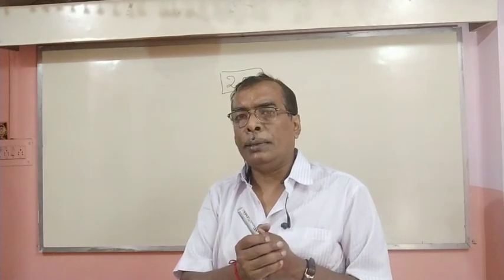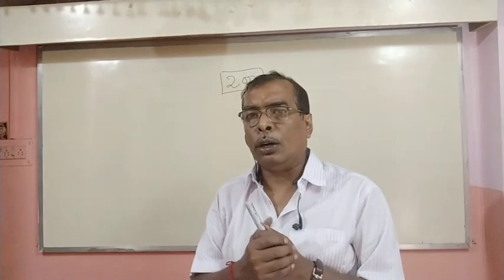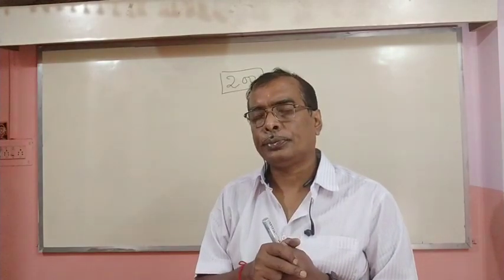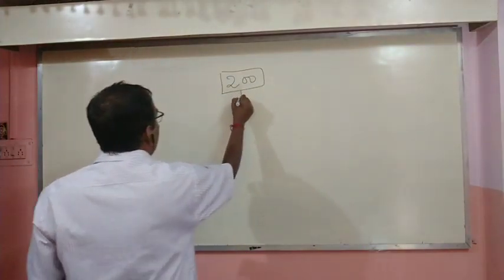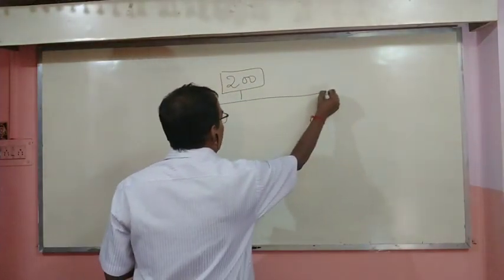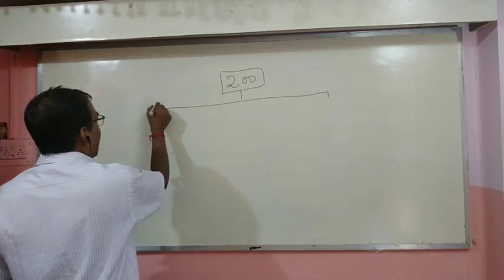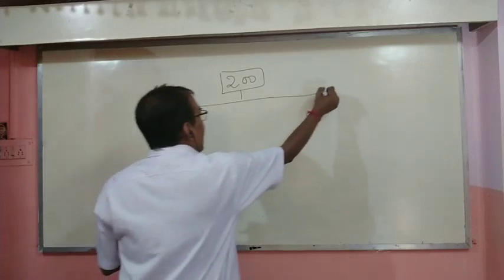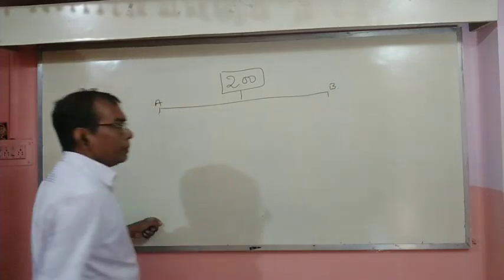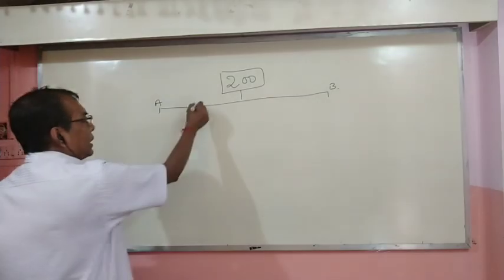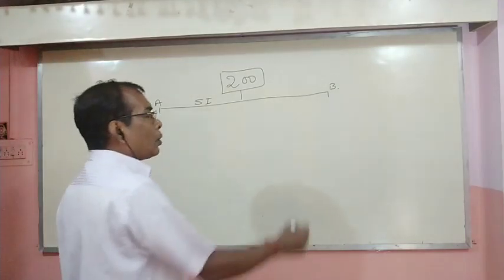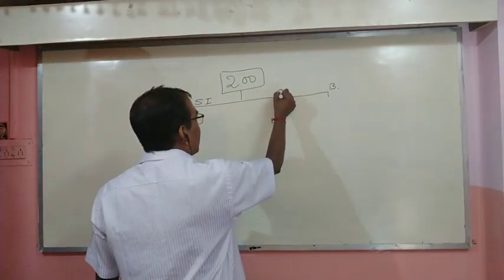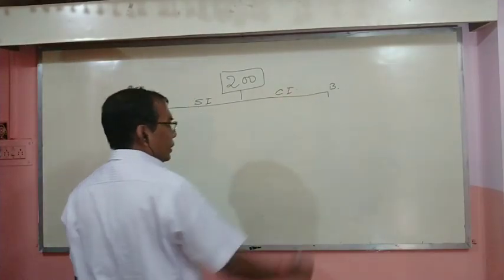And I have told them to return this amount in 2 years. This is person A, and this is person B. This person has taken the loan on simple interest, SI, and compound interest in short form is known as CI.